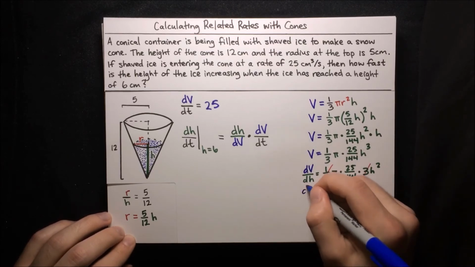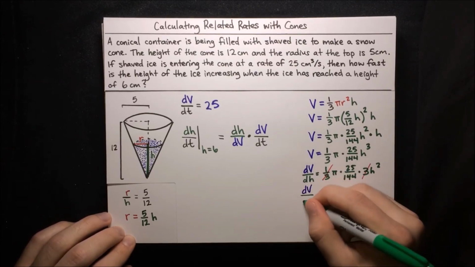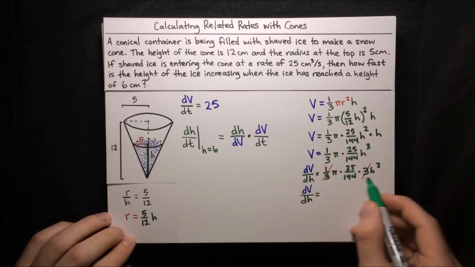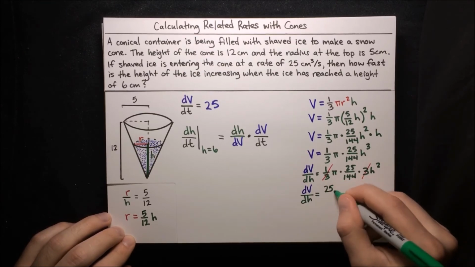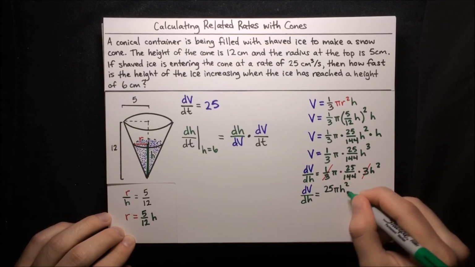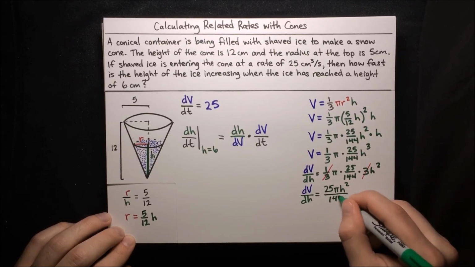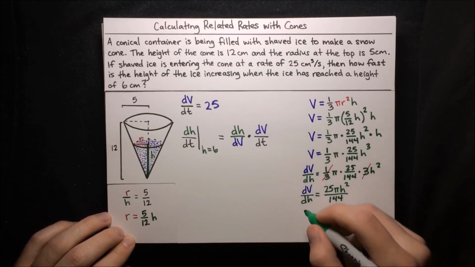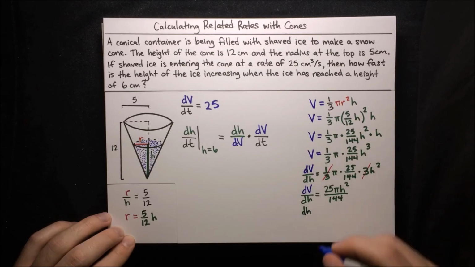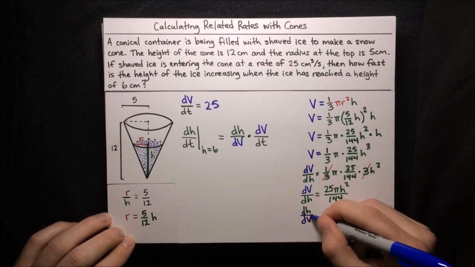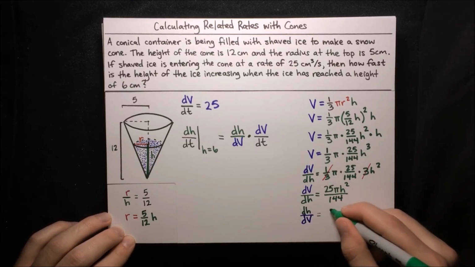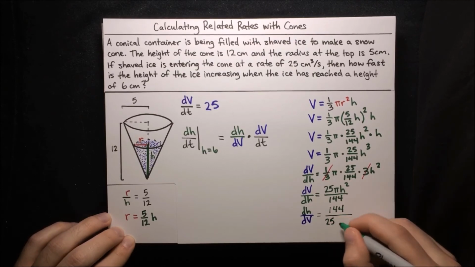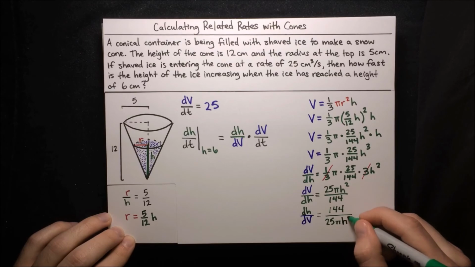So that means dV/dh is equal to, in the numerator, 25 pi h squared, and in the denominator, 144. But we want dh/dV, so we need to flip this, take the reciprocal. So dh over dV is equal to 144 over 25 pi h squared.